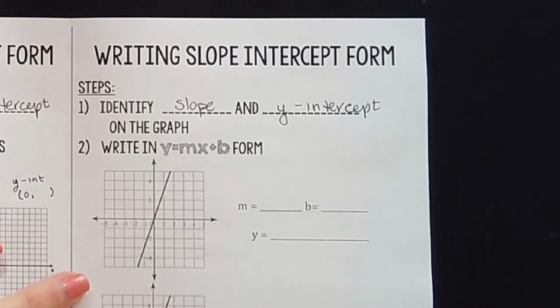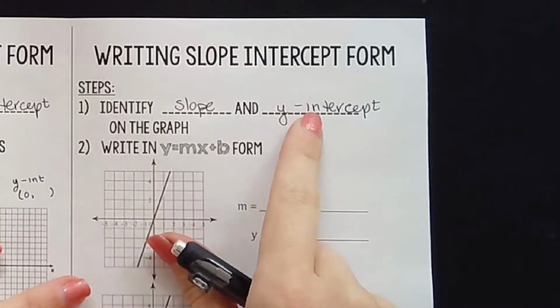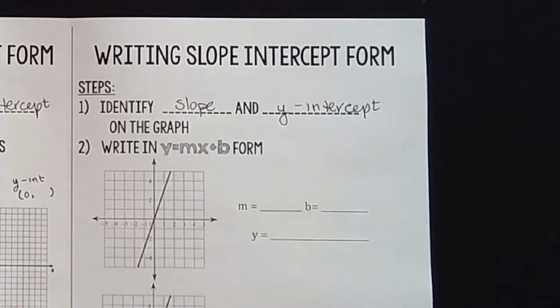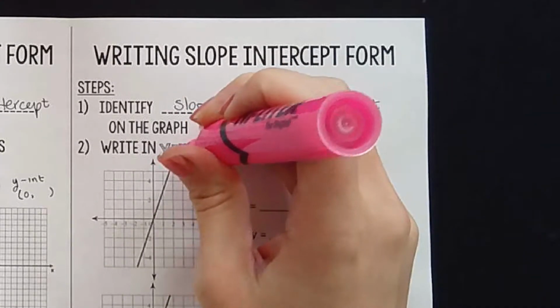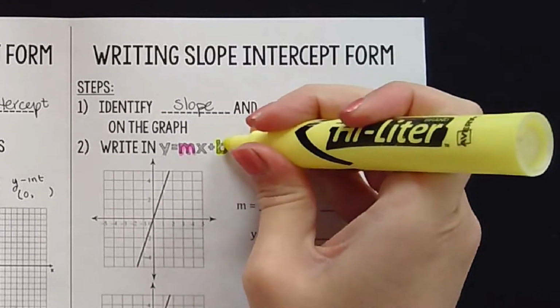This time I'm going to be identifying the slope and the y-intercept on the graph. So once I have found m and b, all I have to do is write my equation in slope-intercept form, which means I have to fill in a number where m is and fill in a number where b is.